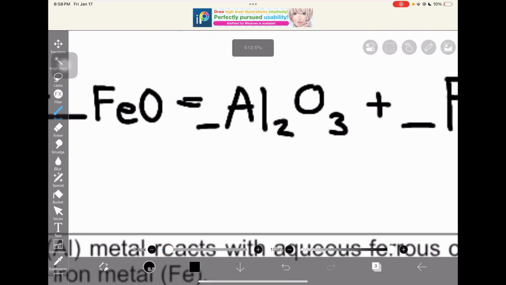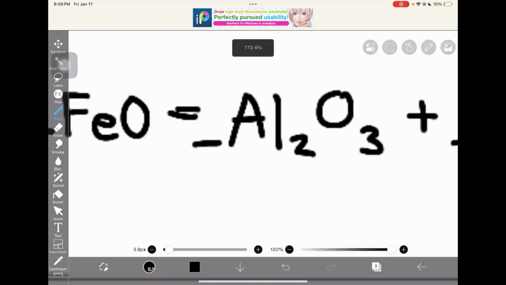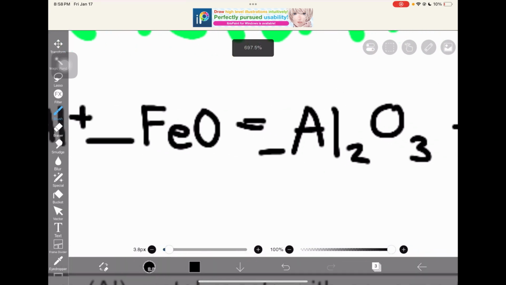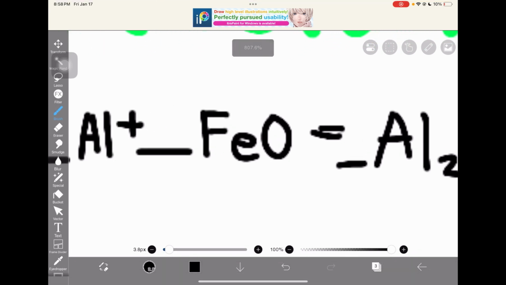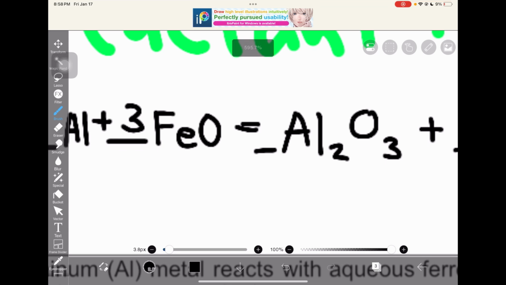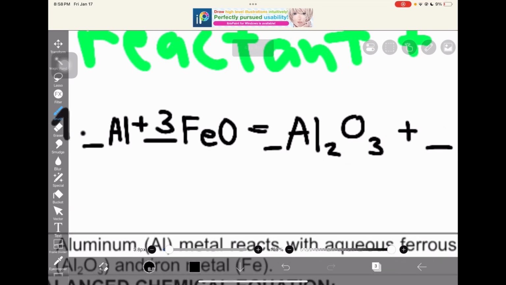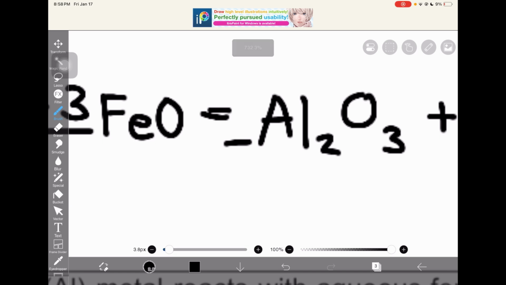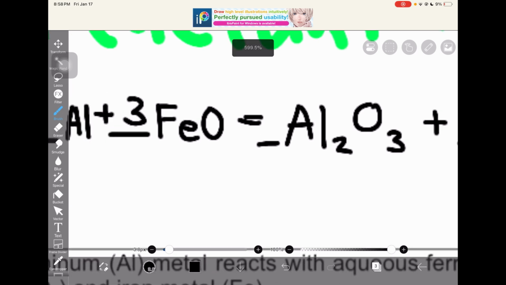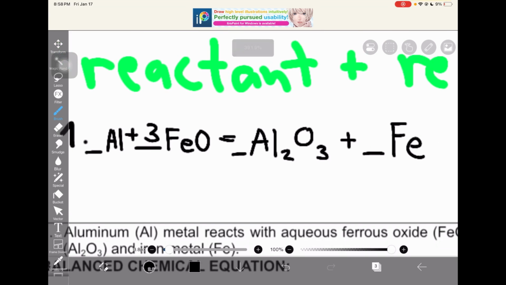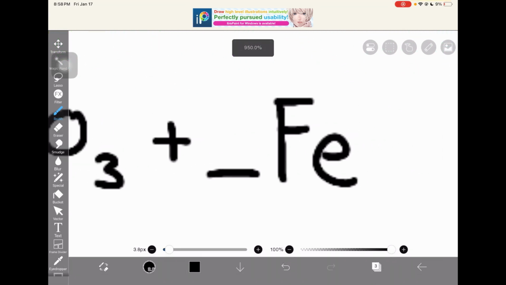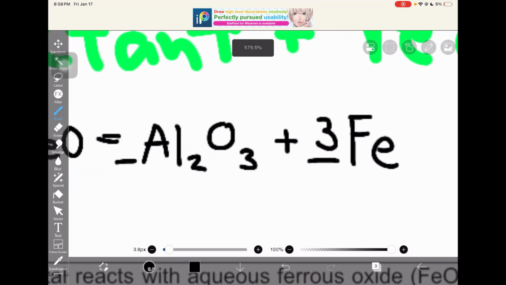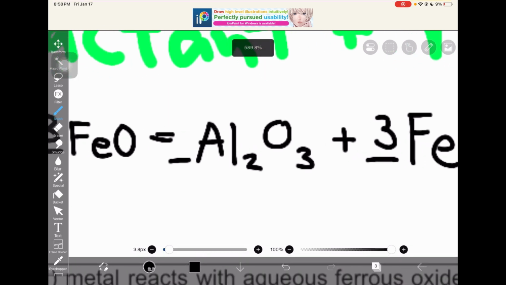So we know that there's at least 3 oxygens. Therefore, the minimum for this one, since there's only 1 oxygen, is 3. Now we have satisfied the 3 oxygens. Now we have 3 irons on this side, 3 times 1, 3 irons. So to balance that out, we also need to add 3 here. So we have 3 irons and 3 oxygens.